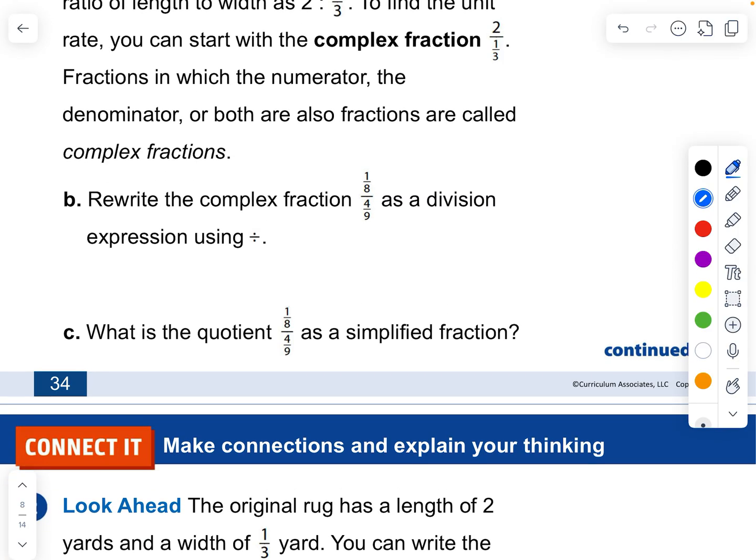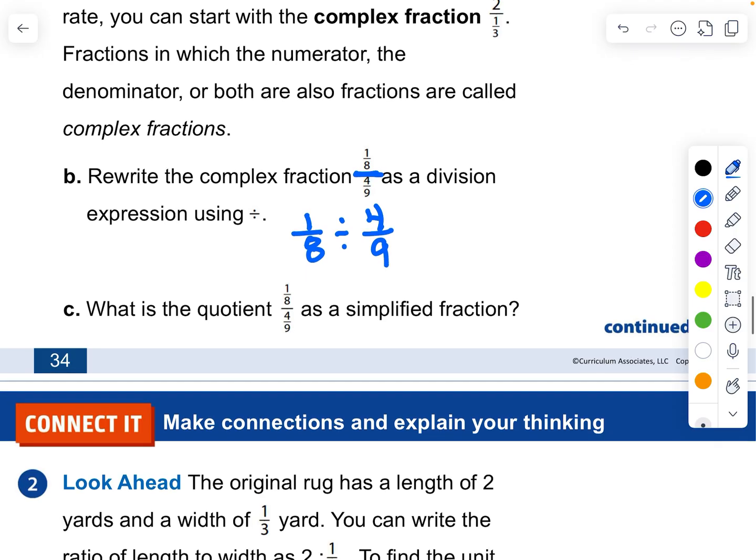In part B, rewrite the complex fraction 1/8 over 4/9 as a division expression using the division symbol. So 1/8, we read it top to bottom, divided by 4/9. And then part C says, what is that quotient?